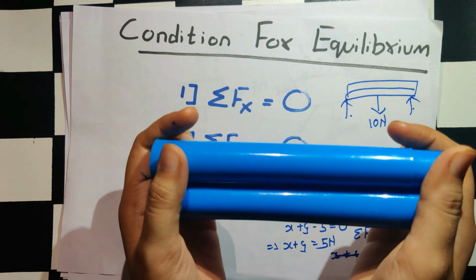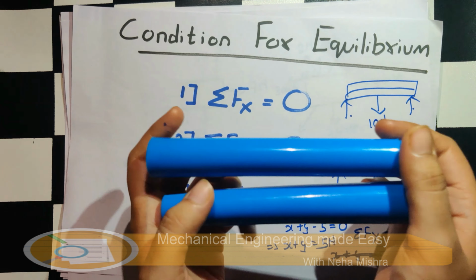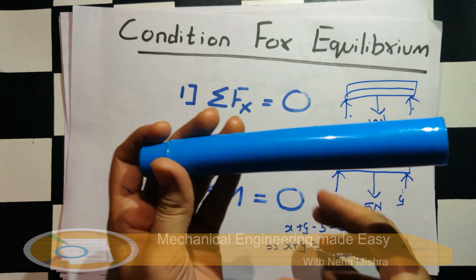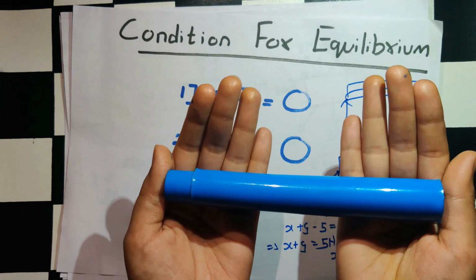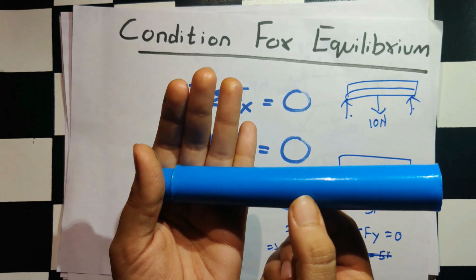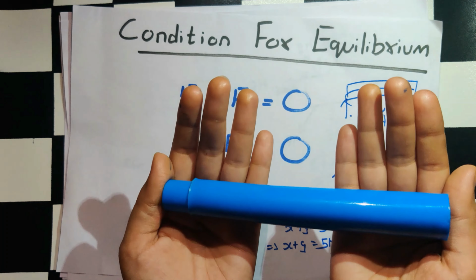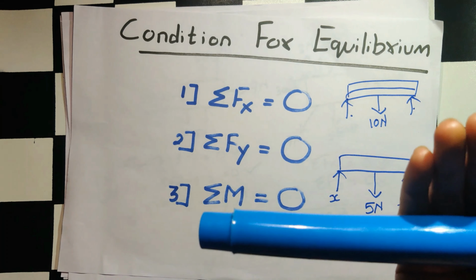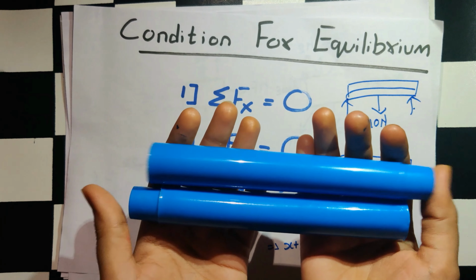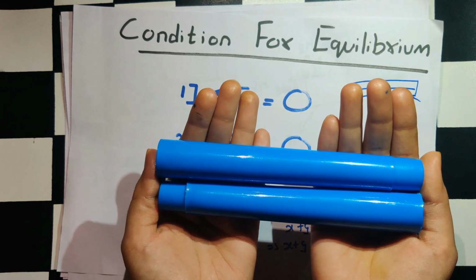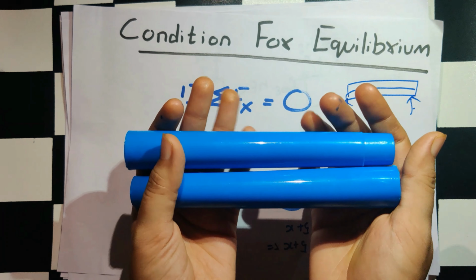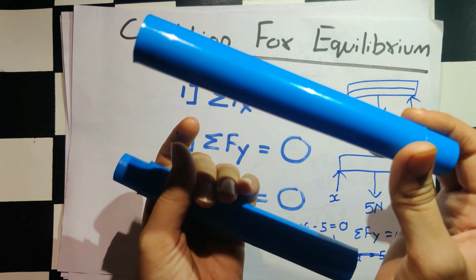Now one important thing to note here is, if I was holding just one block, my hands were giving 5 Newton reaction force. This block was 5 Newton, so my hands were giving 5 Newton force. But when I take two rods, my hands are now giving how much force? 10 Newton force. So see guys, the weight force is not changing.